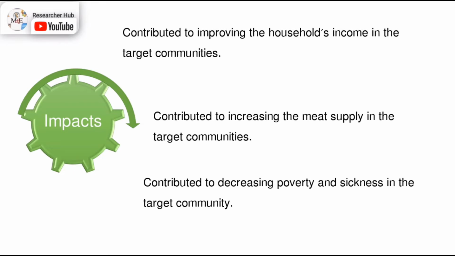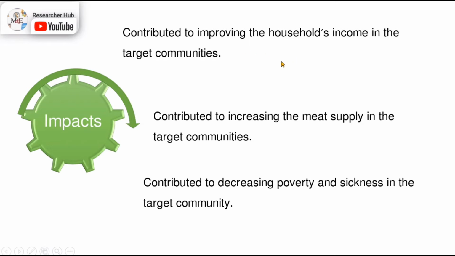So again, I repeat this. If you would like to know further how to formulate an outcome and impact statement, please watch another video that I made. It's about the project log frame. So here, as you can see, the statement said contributed to improving household income in the target communities.